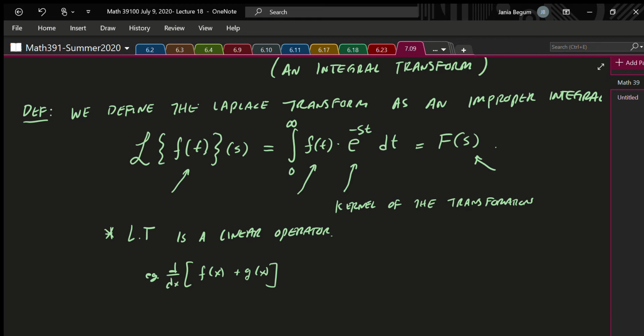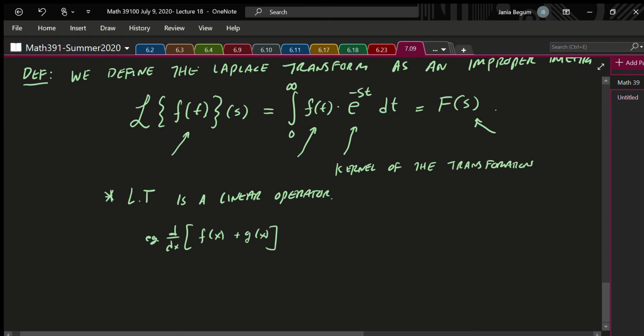That's kind of like a song singing in your head. Same thing with the Laplace transform. If you take the Laplace transform of the sum of two functions, say f and g, you can split it up and do the Laplace transform of f, then add the result to the Laplace transform of g.